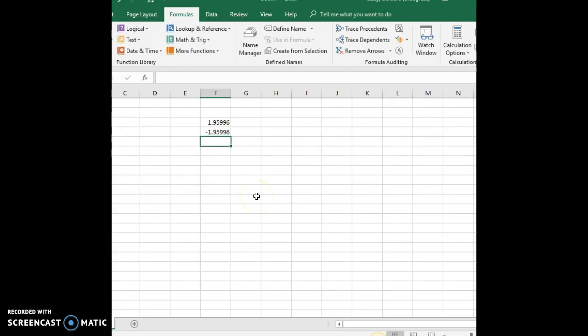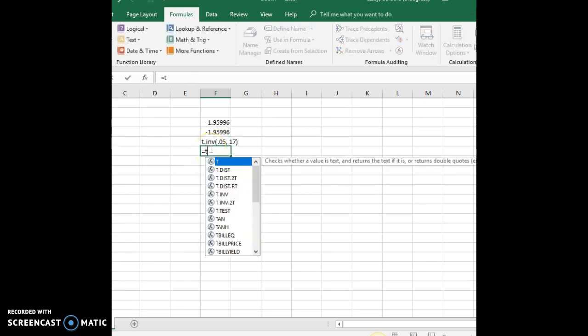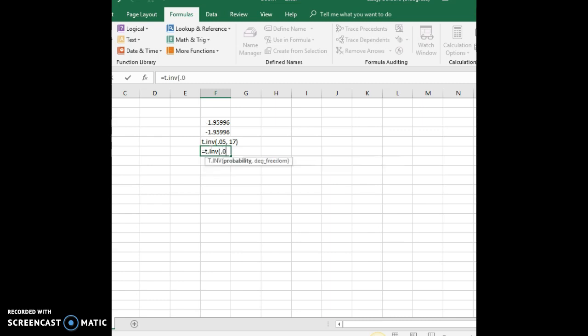Instead of norm.s.inv, we're going to use t.inv, and we're going to put in 0.05 and 17. As always, I forgot my equal sign. So equal before we do that little command.